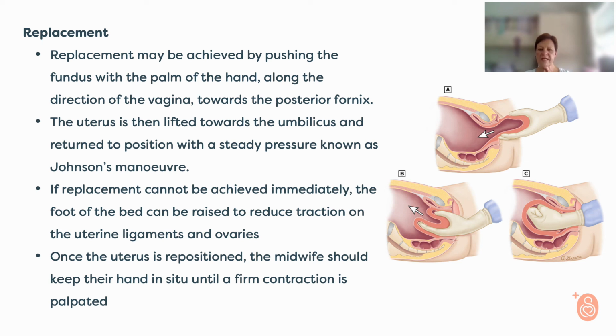Once it has been replaced, you can put your fist into the uterus to make sure that it stays there. It might also be a good idea to lift the foot end of the bed to help gravity reduce the traction on the uterine ligaments and the ovaries, because that is also where a lot of pain comes from. And you should keep your hand in the uterus till a firm contraction is felt.